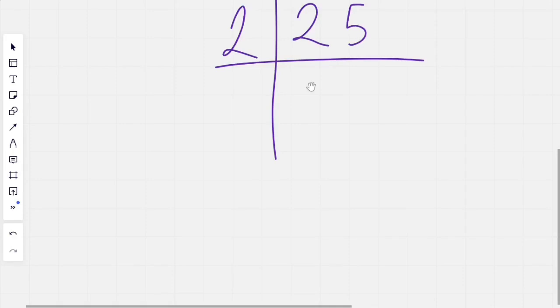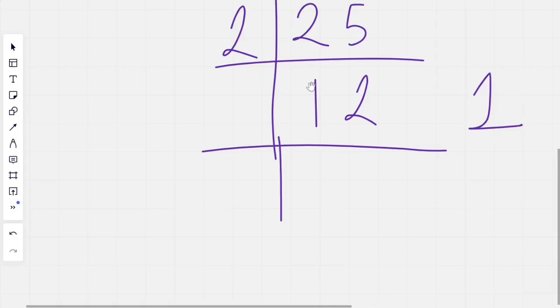By dividing 25 by 2, we'll be getting 12. But 2 multiplied by 12 will give us 24, not 25. So 1 is our remainder, right?